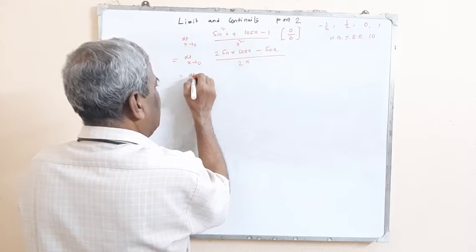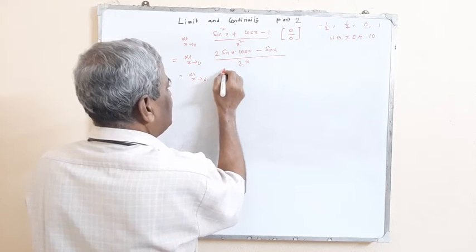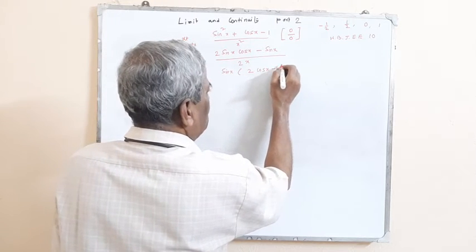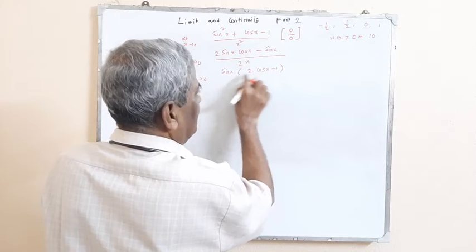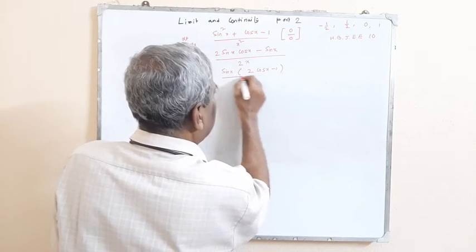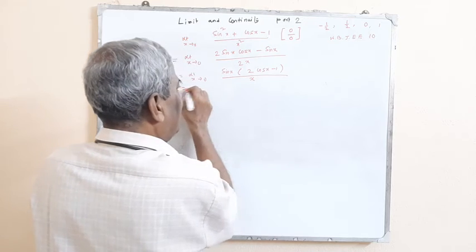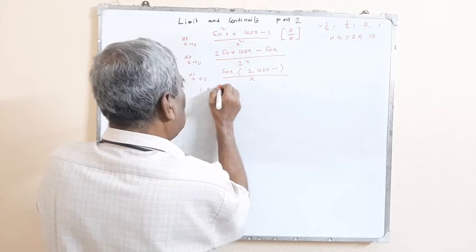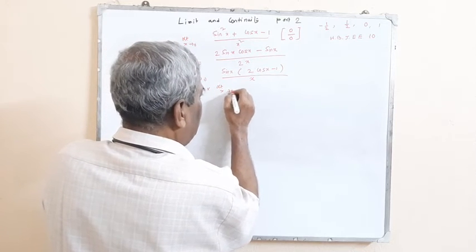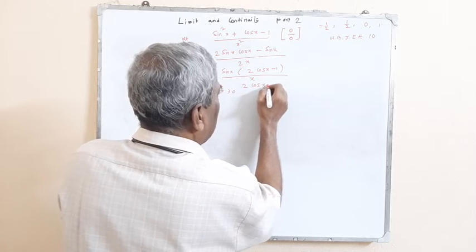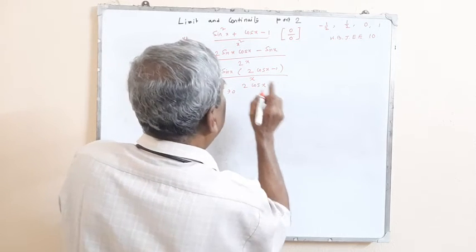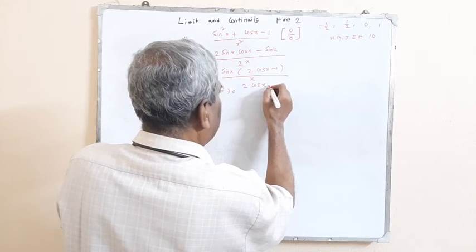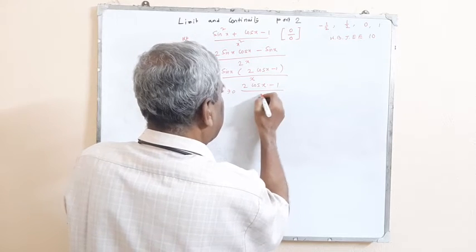So it becomes limit x tends to 0 of sin x into (2 cos x minus 1) by x. First part, sin x by x tending to 0, it is 1 into limit x tending to 0 of (2 cos x minus 1) divided by x.